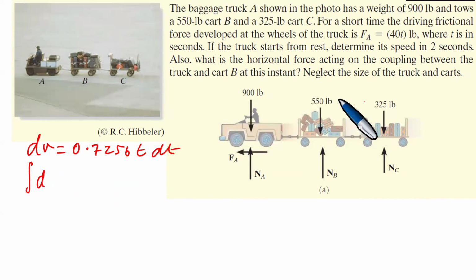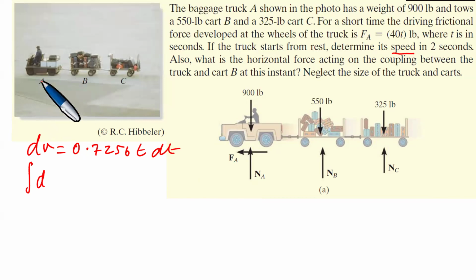What do we actually want to achieve here in this particular question? If the truck starts from rest, determine its speed in 2 seconds. So you want to find the speed in what? The speed in 2 seconds. So what is the speed in the 2 seconds?